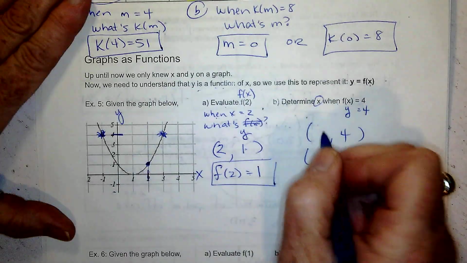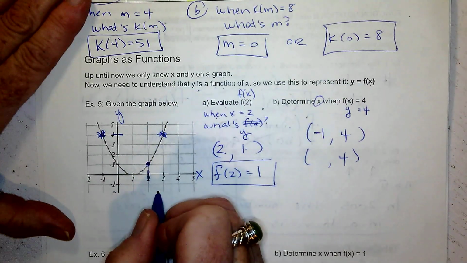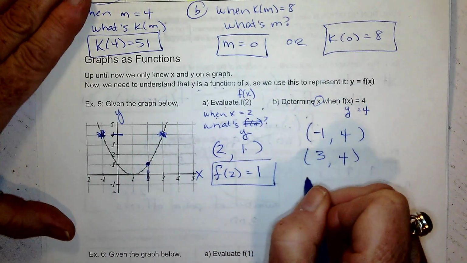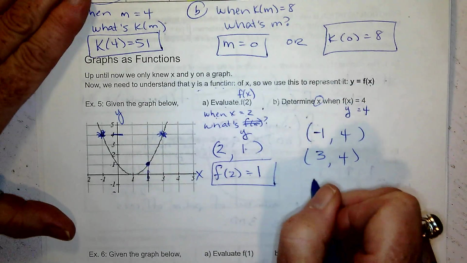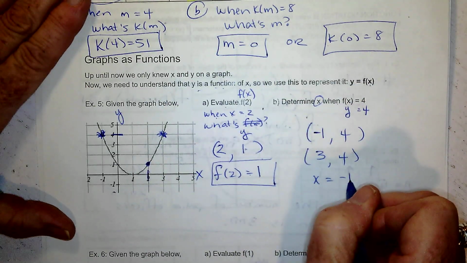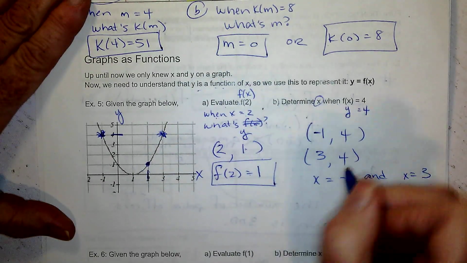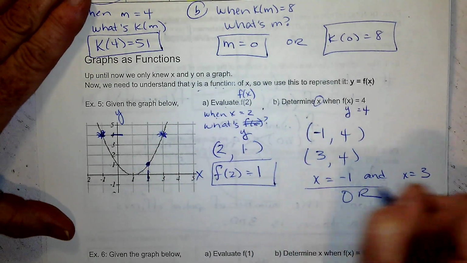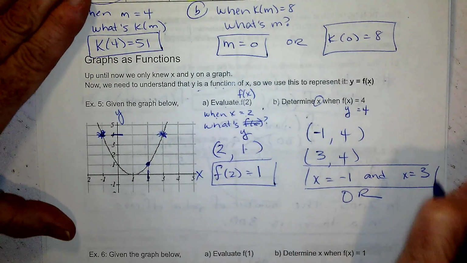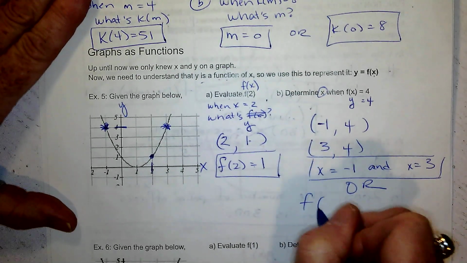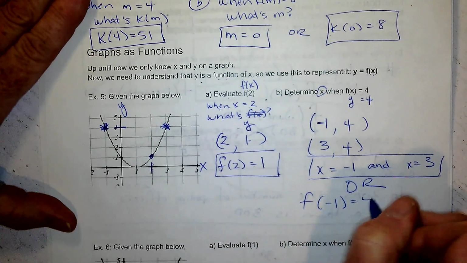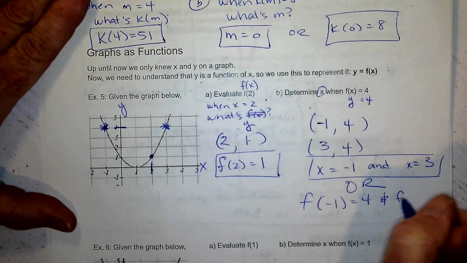The first one is -1, and the second one is 3. So instead of leaving it like this, I'm going to write x is equal to -1 and x is equal to 3, or, this is the answer, or you can write f of -1 is equal to 4 and f of 3 is equal to 4.